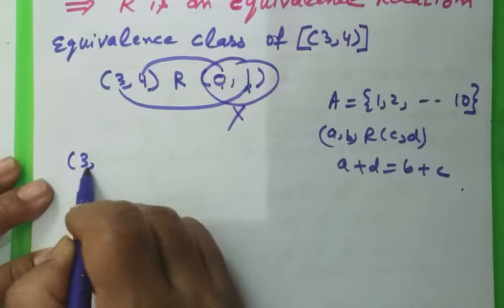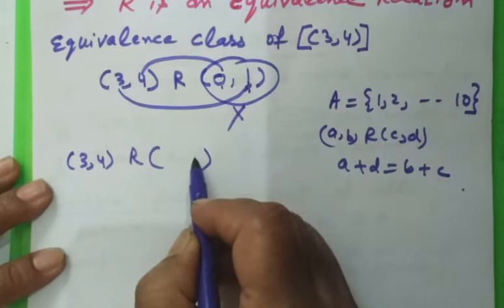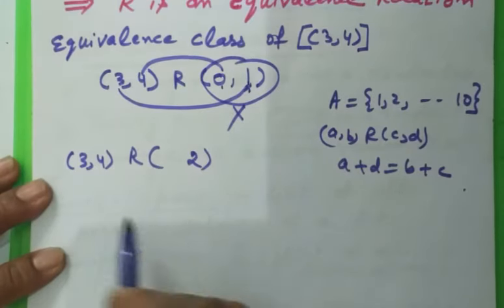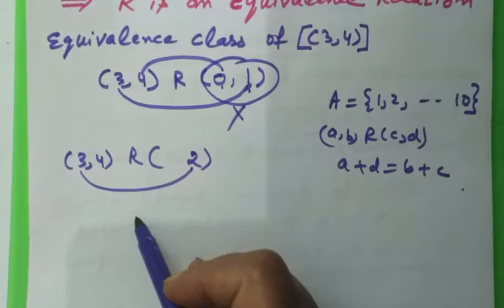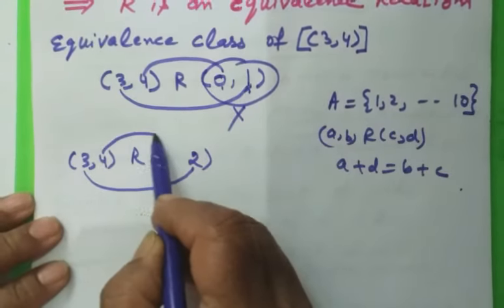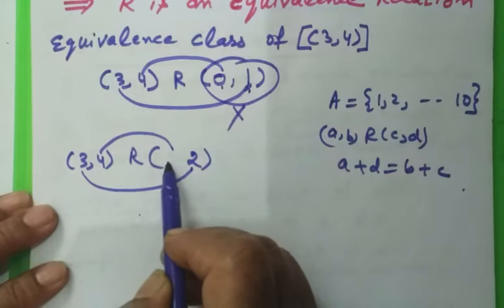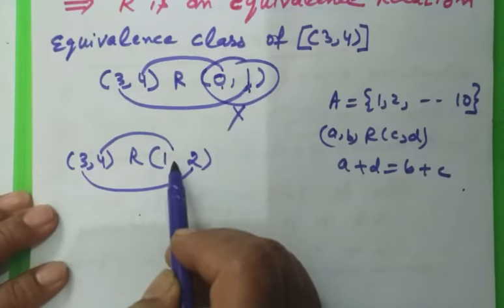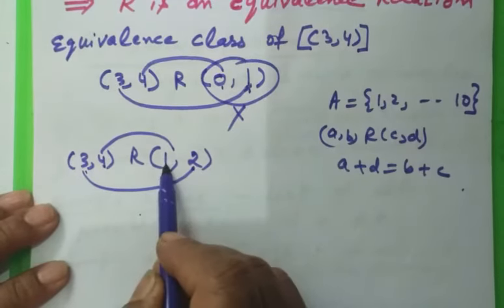So I will keep writing 1 to 10, all the elements at this fourth place. Now I try with the next number, which is 2. If I write 2 here, the sum of 3 and 2 is 5. Same should be the sum of 4 and this number. So what should be added to 4 to get 5? 1 only. So I write 1 here. Now I can see 3 plus 2 is 5, 4 plus 1 is 5.